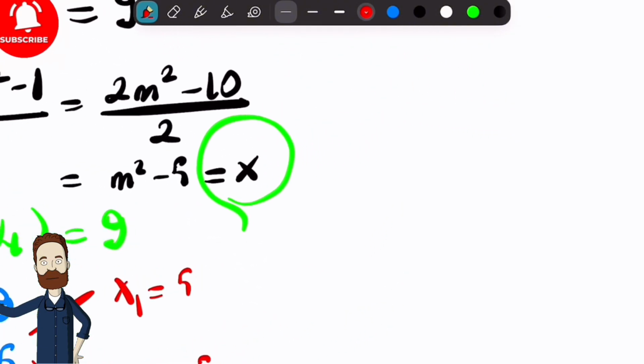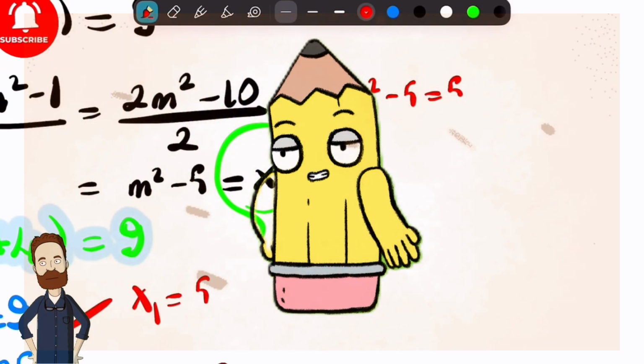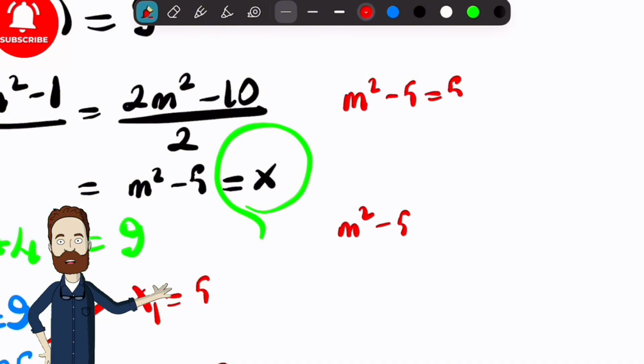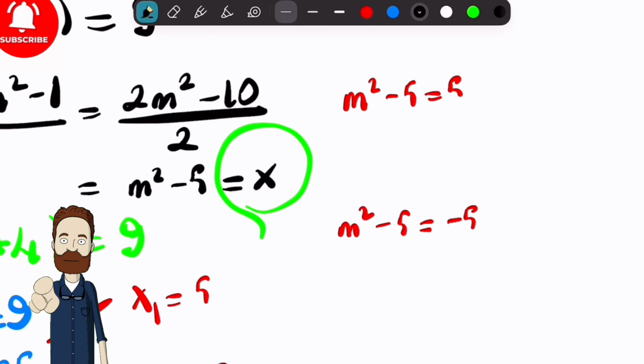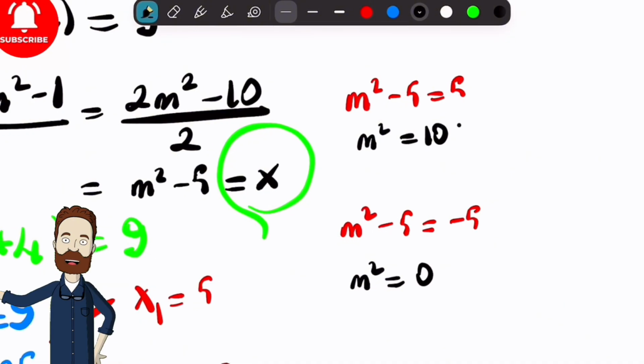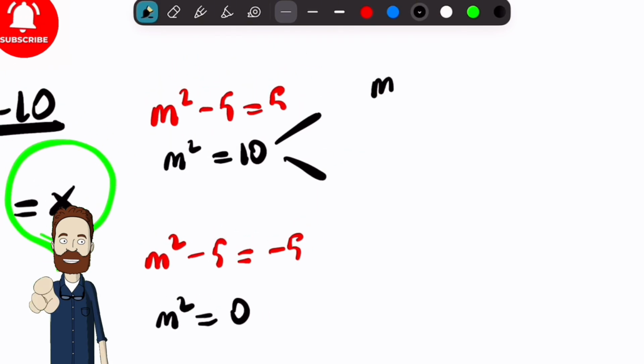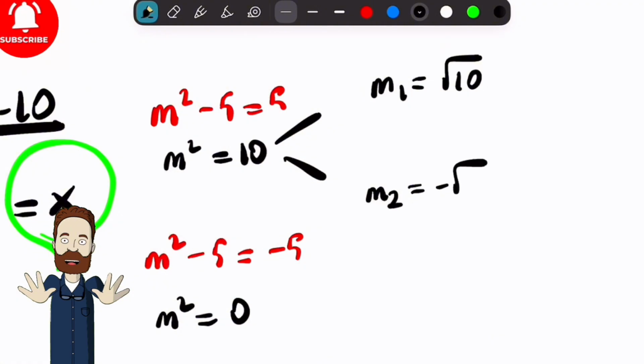When m squared minus 5 is equal to 5, m squared will be equal to 10. When m squared minus 5 is equal to minus 5, m squared is equal to 0. Now again 2 roots: m1 is the root of 10, m2 is minus root 10.